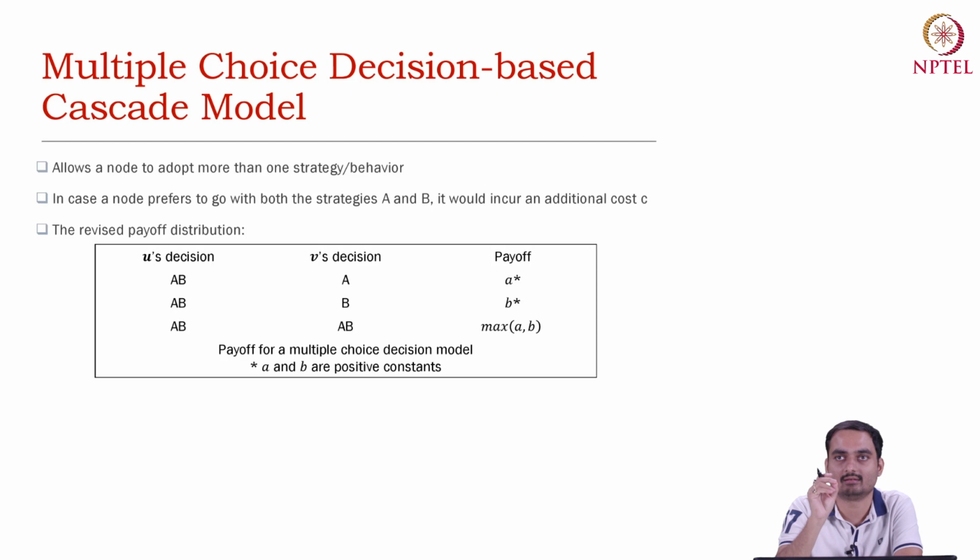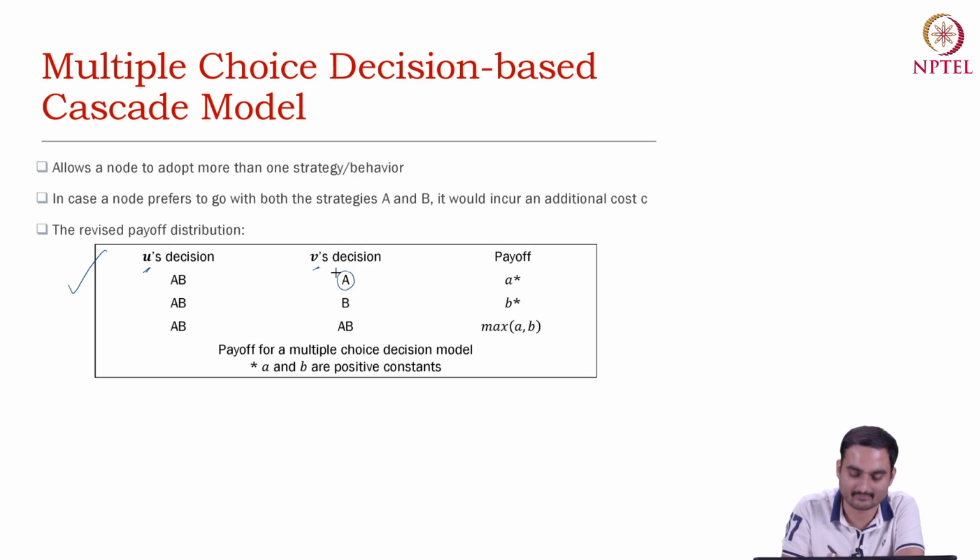Say your neighbor has chosen A and you have chosen A and B, so your payoff would be A, right? Let's see this payoff table. Say you are U, and V is your neighbor.